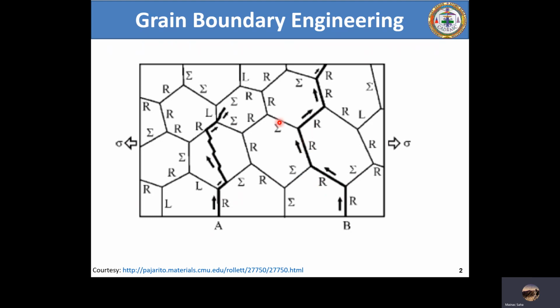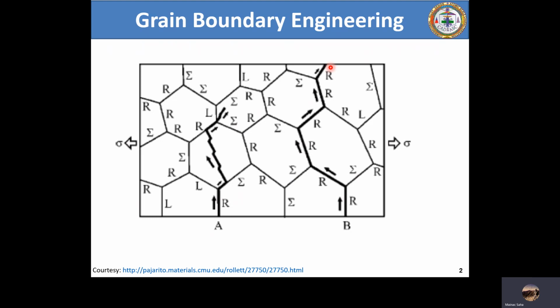It reaches another triple junction of two R's and sigma and again propagates through R. Then it reaches a triple junction comprising three random angle boundaries, propagates through that, and reaches another triple junction between R and another sigma. Now it propagates through another random angle boundary, because sigma definitely has a much lower energy compared to a random angle boundary.